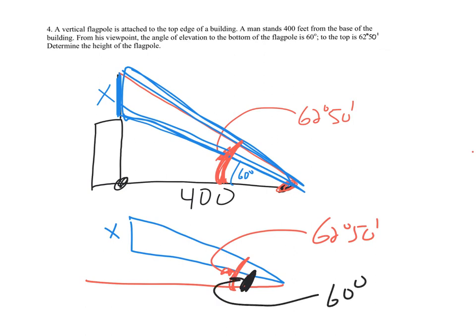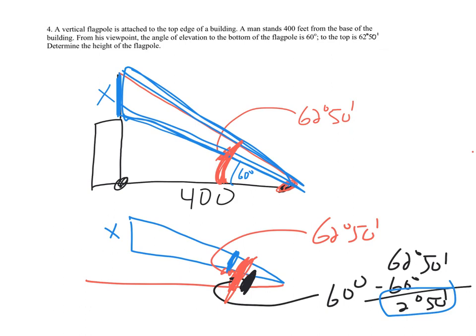So if the whole angle is 62 degrees 50 minutes, and that bottom major portion is 60, if I subtract those, I'm left with 2 degrees and 50 minutes. So I know in my blue triangle, this skinny little angle here is 2 degrees and 50 minutes.